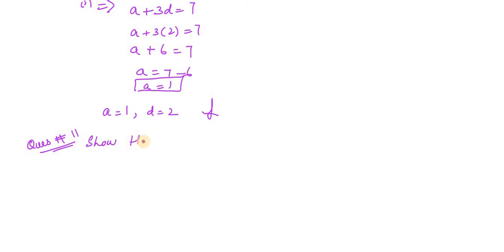For this we find first the pth term and then the (p plus q)th term and then the (p minus q)th term, and by adding the (p plus q)th term and the (p minus q)th term we get the answer, which is equal to twice the pth term.